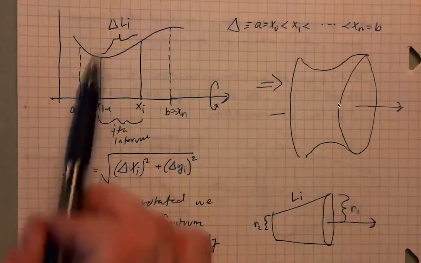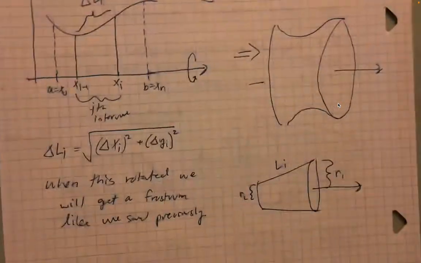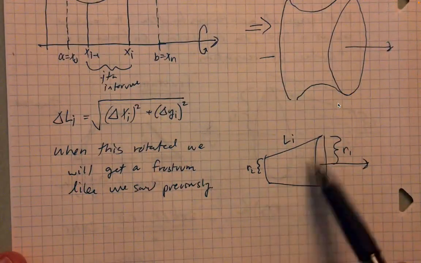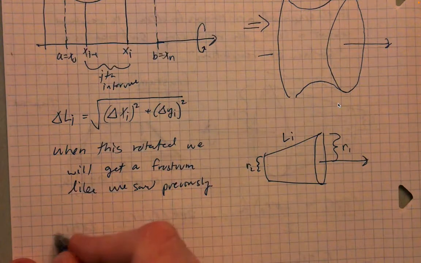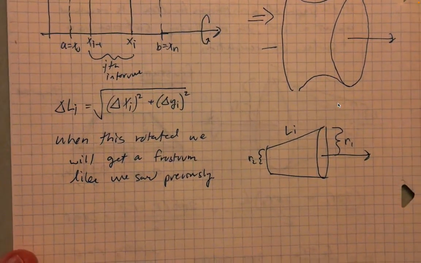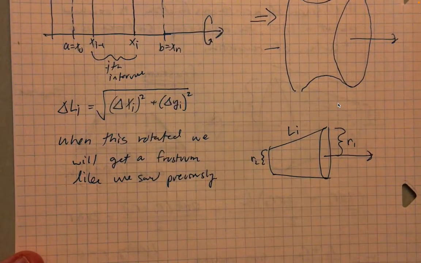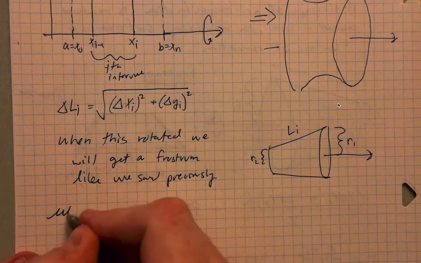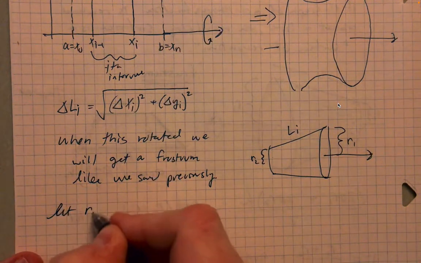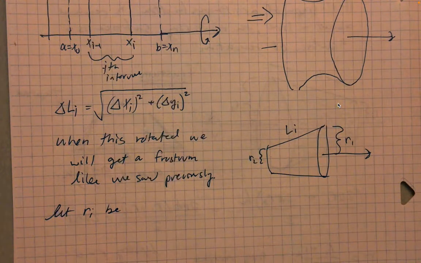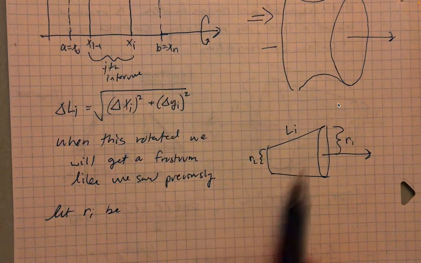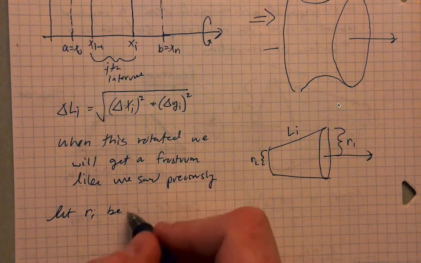When you flip this around the x-axis here, it's going to sweep out some kind of an area here. And this is going to be a straight line. Okay, so in our previous example, we saw how instead of R1 and R2, we're just going to have an R. So we'll let Ri be the average radius of this frustum.